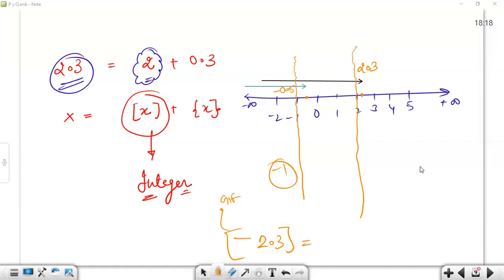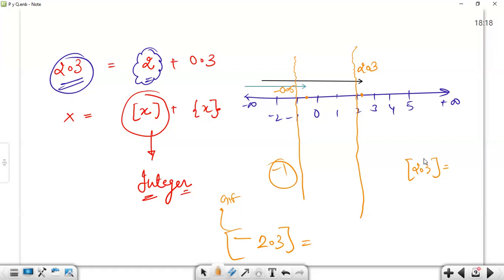Okay, tell me what will be the greatest integer value of 2.3? Please respond. No problem if you give a wrong answer. You'll learn only. If you don't give any wrong answer, then I'll just move on and this topic will remain unclear to you.